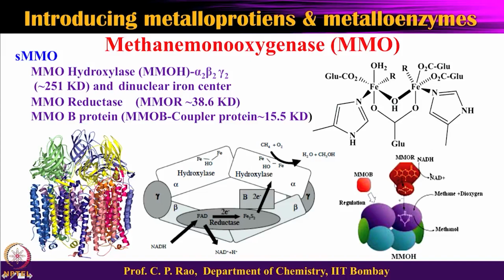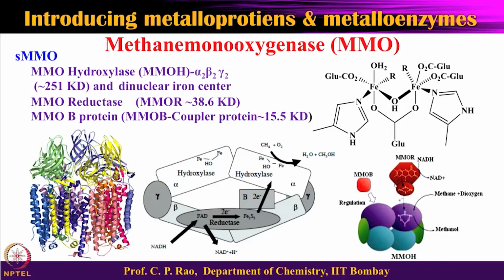The hydrolase portion is the one where the iron center is there, and the iron center in this is not with a heme, but without the heme, it is a di-iron center. So, this part is called MMOH.